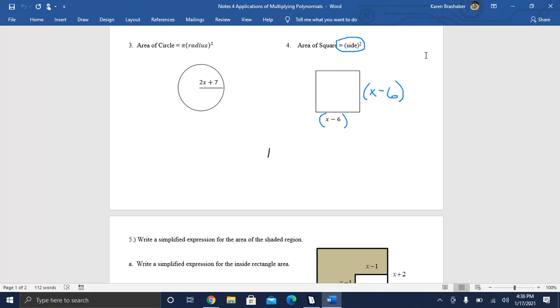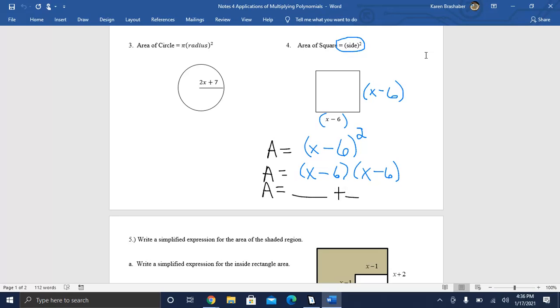So our area would equal, and again, you may want to write it at the beginning using the formula as x minus 6 squared, as the formula says. But when you actually do your work, you will want to write x minus 6 times itself, x minus 6. And then set up your workspace. So hopefully you're seeing this pattern. We have 4 multiplications that we're going to do.